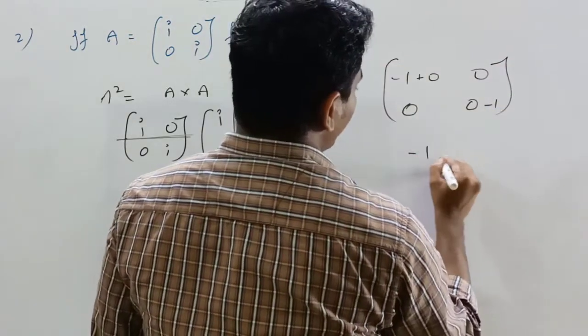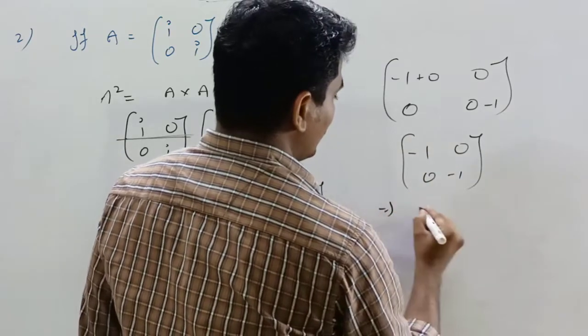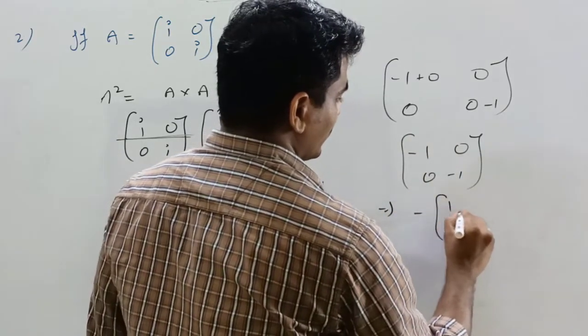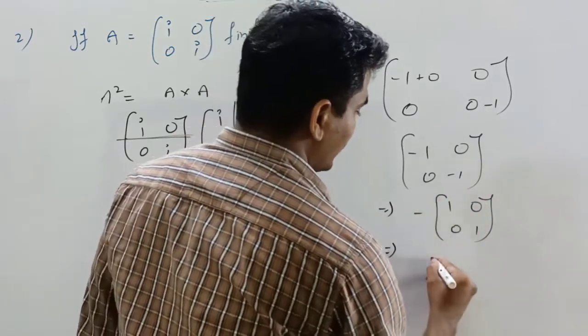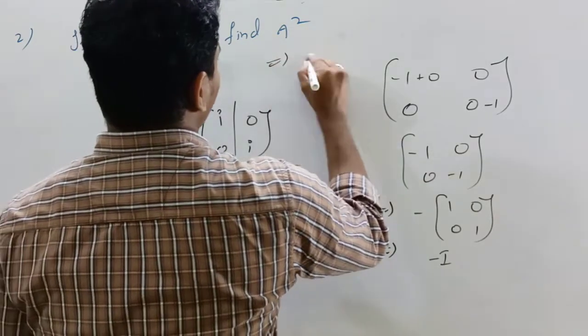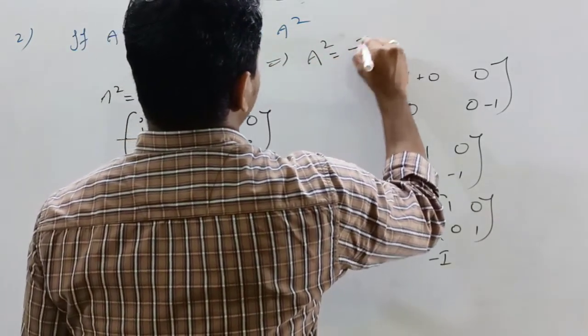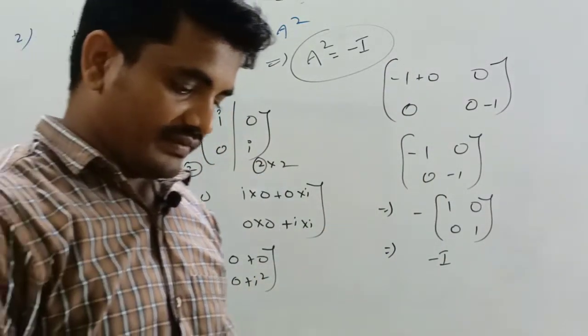So we get [[-1, 0], [0, -1]]. When I take minus common, we get [[1, 0], [0, 1]], which is the identity matrix, minus I. So finally we got A square equals minus I.